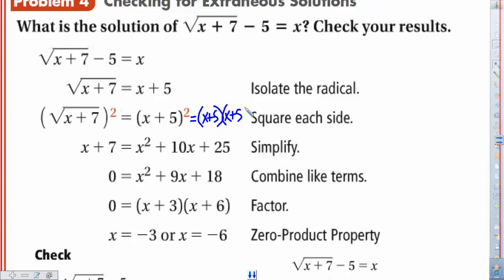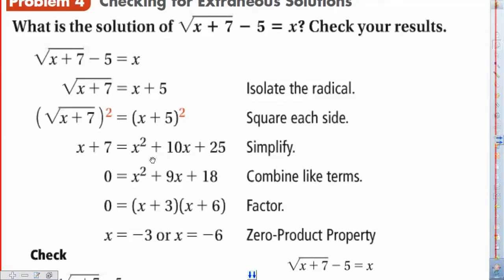And so is that a whole lot of first, outer, inner, last? Does it make sense why there is a 10x in the middle right there and not just simply x squared plus 25? Okay? Because we have the first, outer, inner, last on all that problem, on those problems right there. Capiche? So now that we're looking at this statement here, and remember, hey, look what happened over on the left.